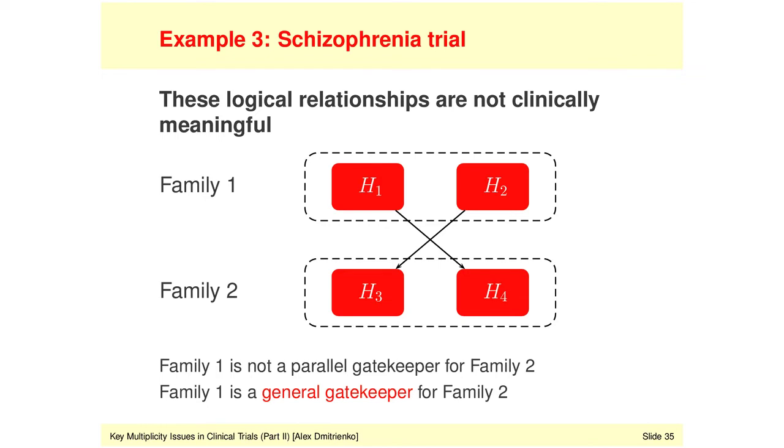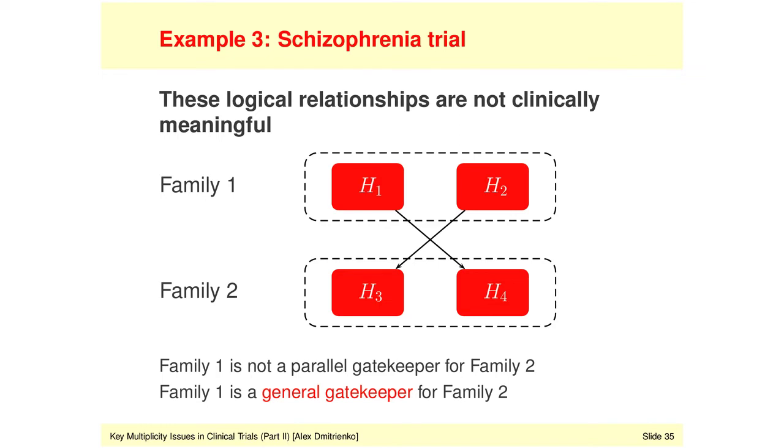For example, if we try to consider the diagonal, so to speak, logical restrictions or logical connections that try to connect the hypothesis H1 and H4 and also potentially connect the hypothesis H2 and H3 as shown in this diagram, we immediately realize that those logical relationships are not clinically meaningful in the context of this particular clinical trial.